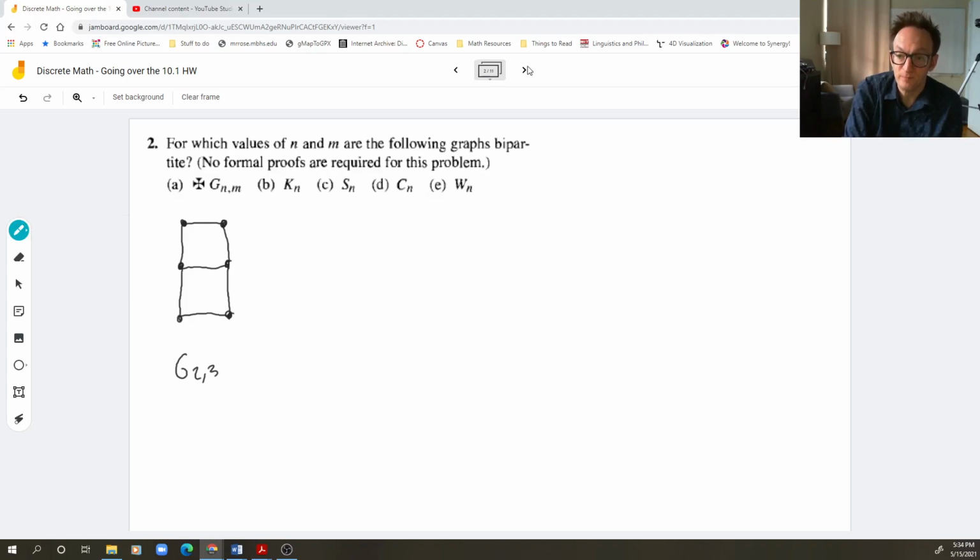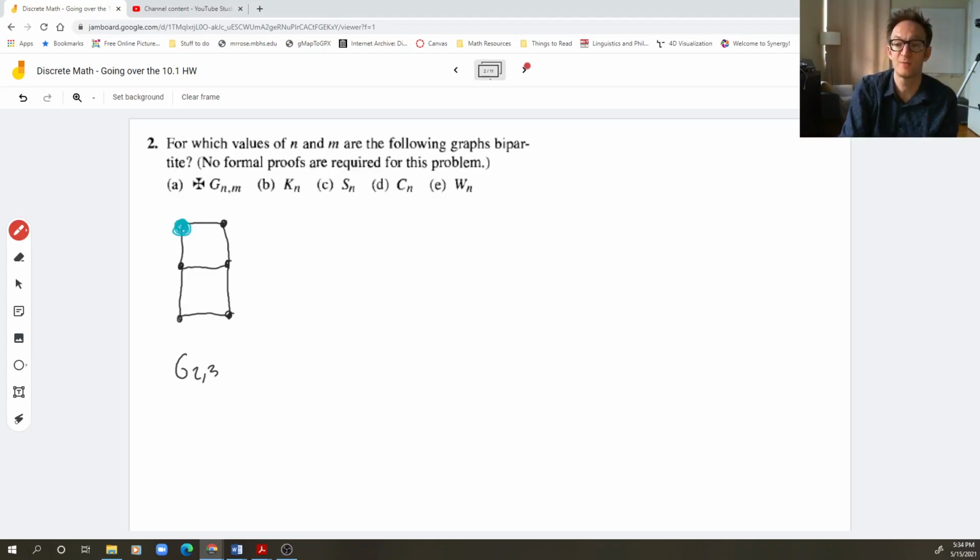In fact, every grid graph is bipartite. You can color this vertex blue, say, and this is one way of thinking about bipartite graphs: they're the graphs whose vertices you can color using just 2 colors, such that adjacent vertices have different colors.